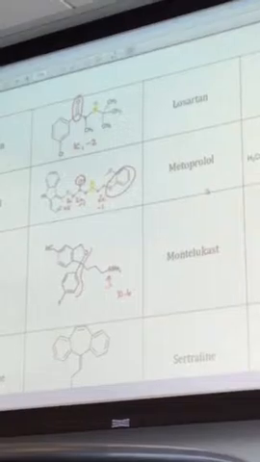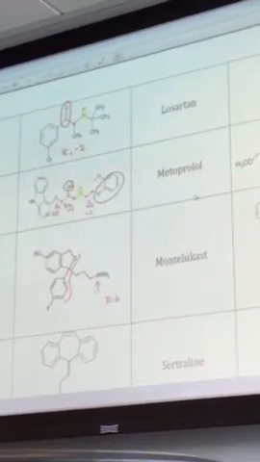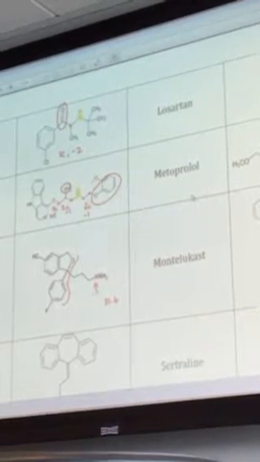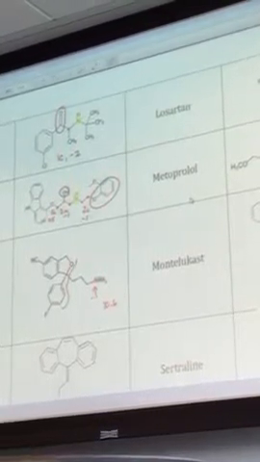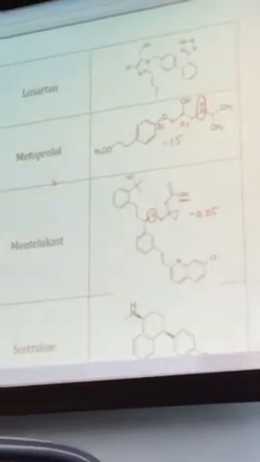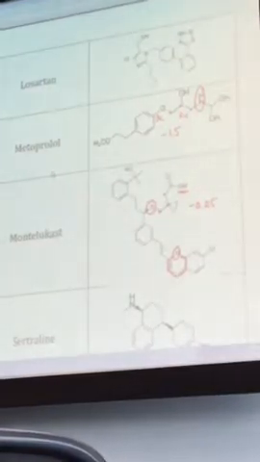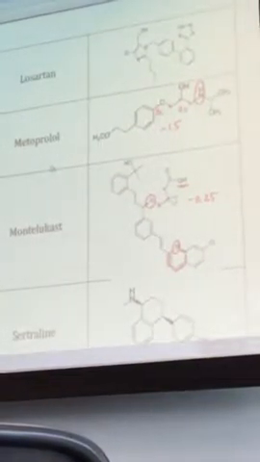We have a sulfur, so it would be -0.25. And then something that we also have is a nitrogen in an aromatic ring, right? So it's an aromatic ring, so this pKa is pretty low. Yeah, so you would say, oh, it's probably around 5.